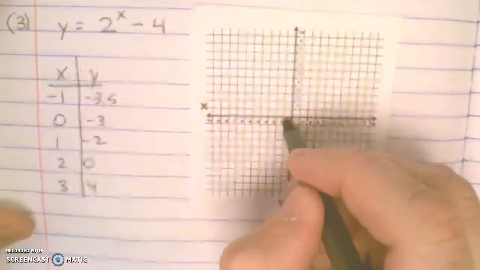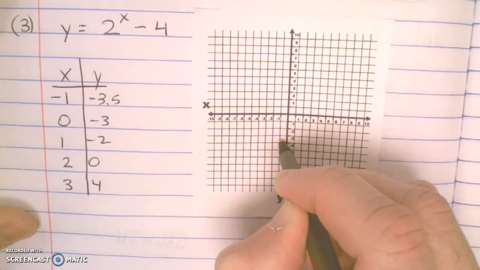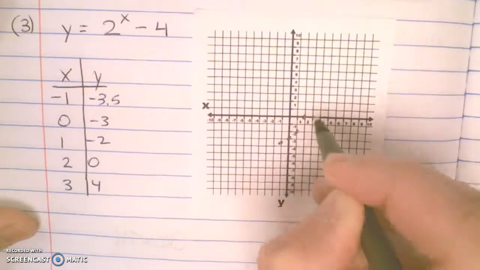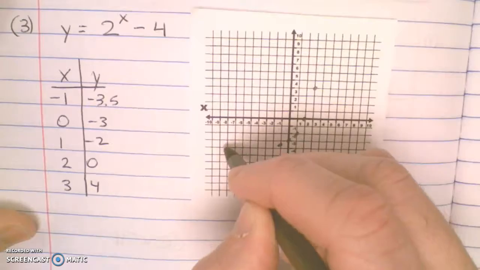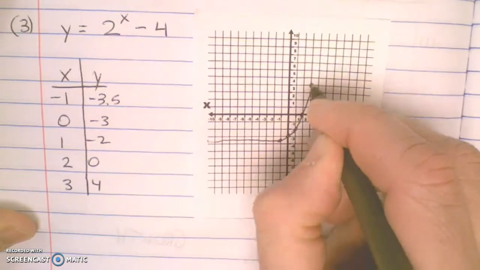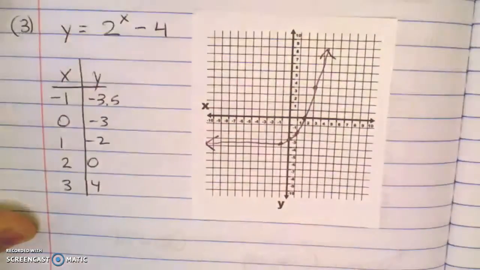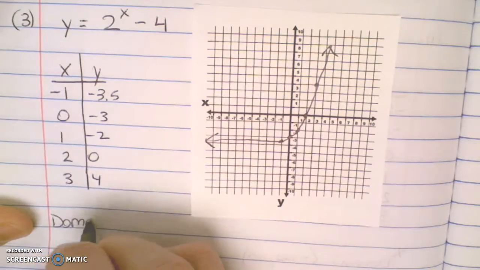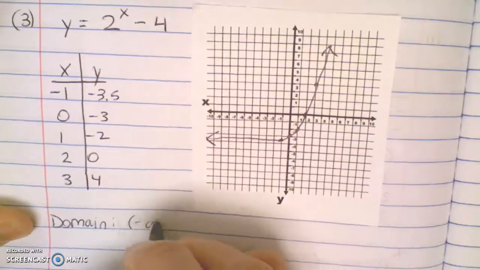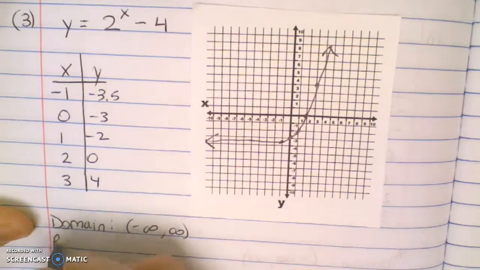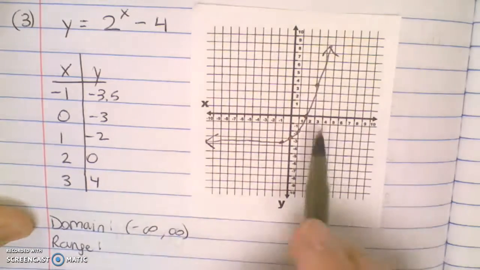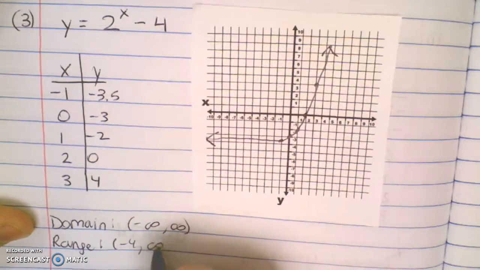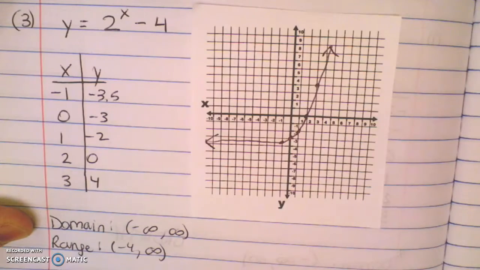We have -1, -3.5, 0, -3, 1, -2, 2, 0, and 3, 4. So this one, the graph just shifted down. The domain is going to be all real numbers again, so -infinity to infinity. The range, though, this time shifted, right? The lowest I can go now is down to -4, which you can see in the equation. And this is a growth function.